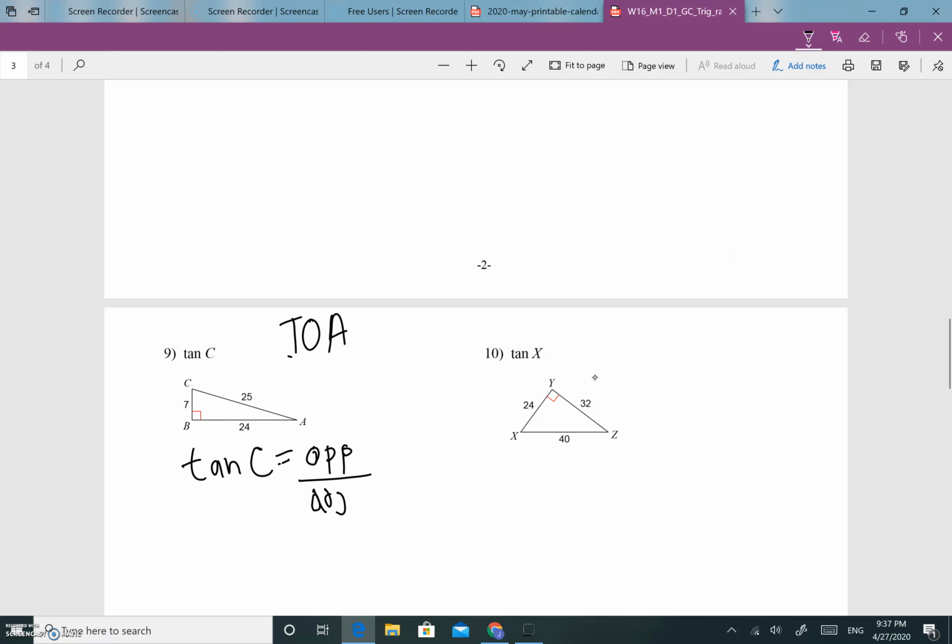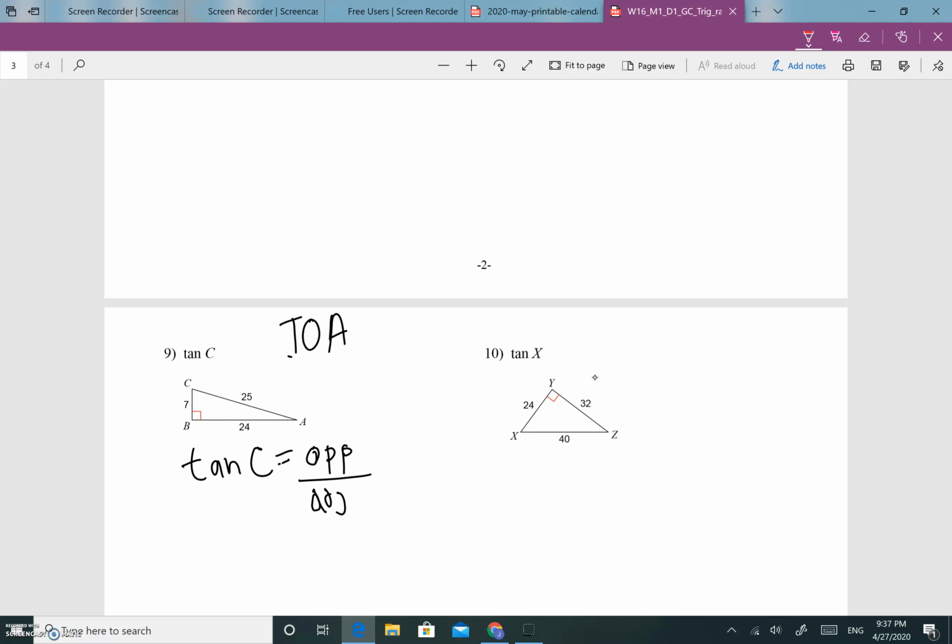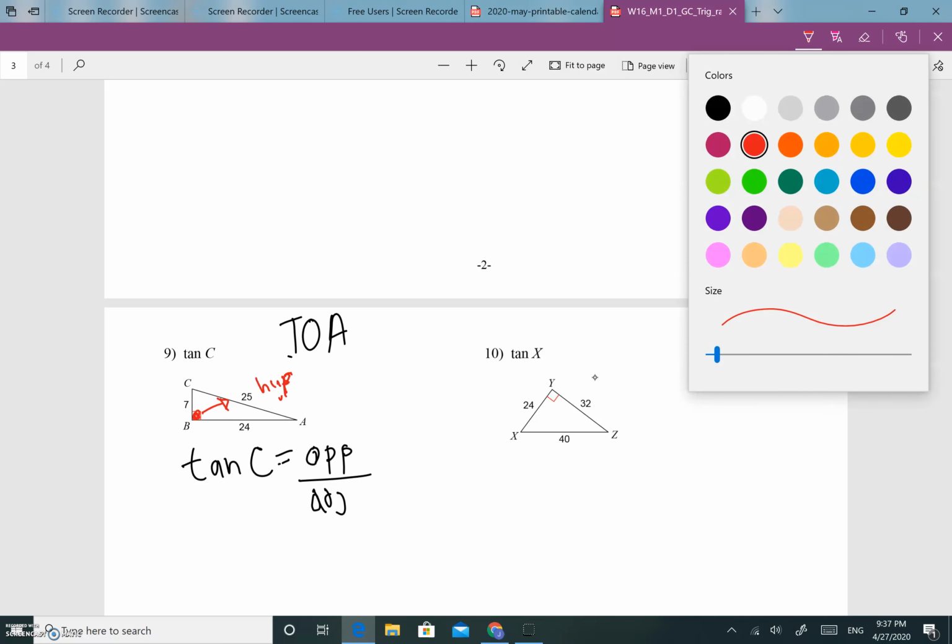So let's start with the hypotenuse. Always start with the hypotenuse. Which one is the largest side, or which one is opposite to the 90-degree angle? So this is my 90-degree angle, and this is the side that is opposite to it, so it's going to be my hypotenuse. Now, which one's opposite to the angle that's given?